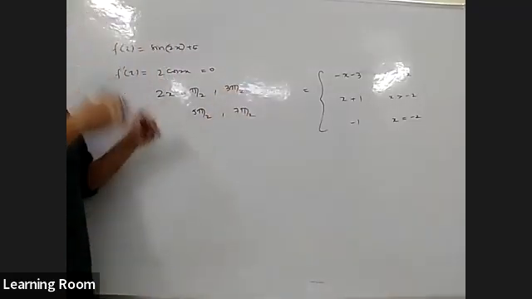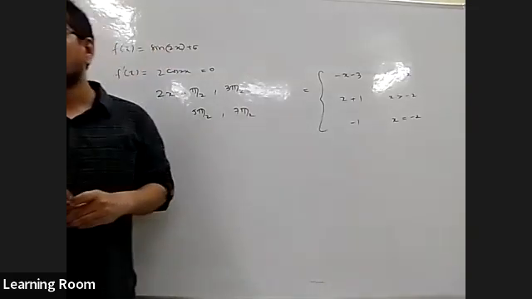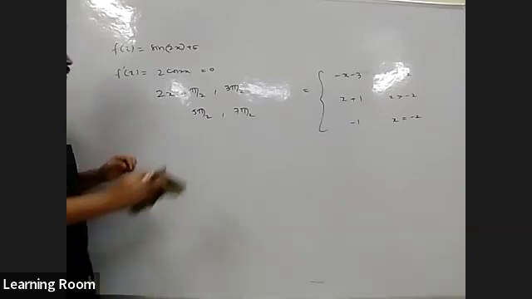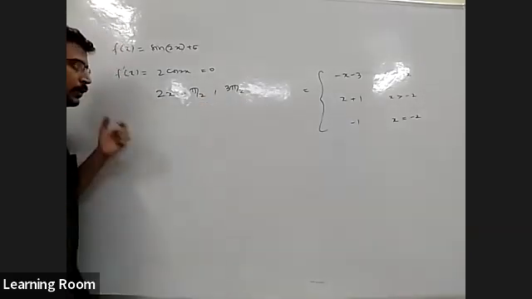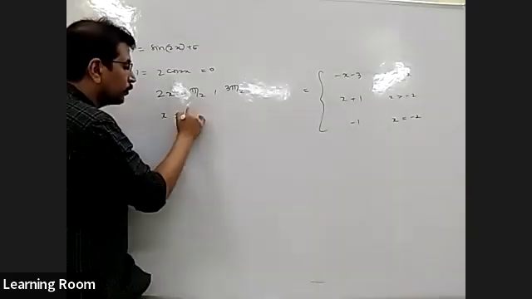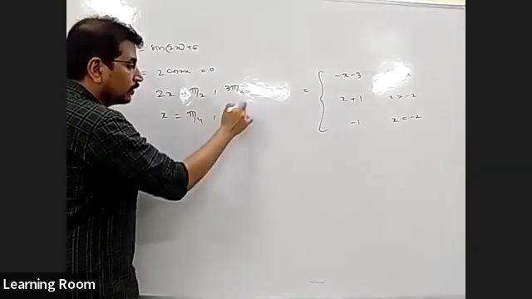The list is very big, but if you find it within one complete revolution, the same pattern will get repeated for the nth revolution. So within one revolution, 2x will be equal to pi by 2 or 3 pi by 2, so x should be equal to pi by 4 or 3 pi by 4.